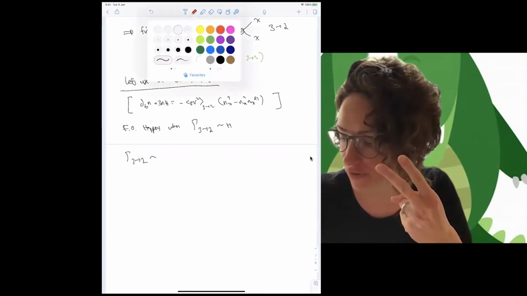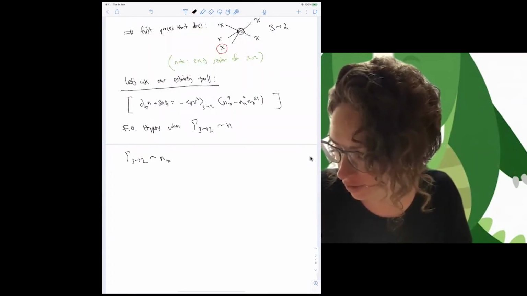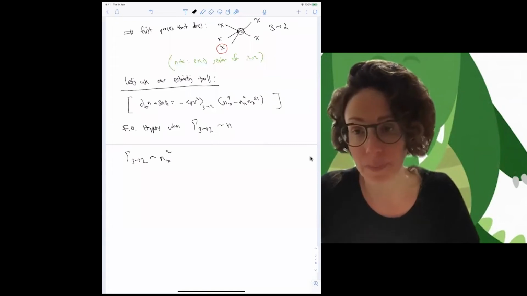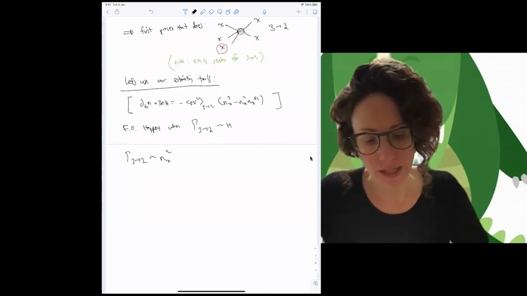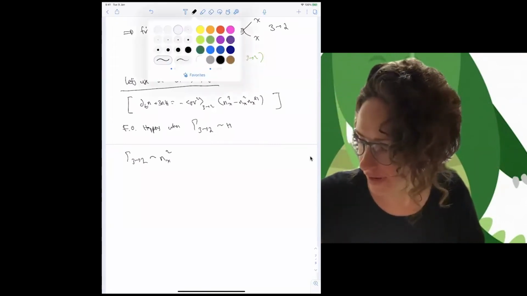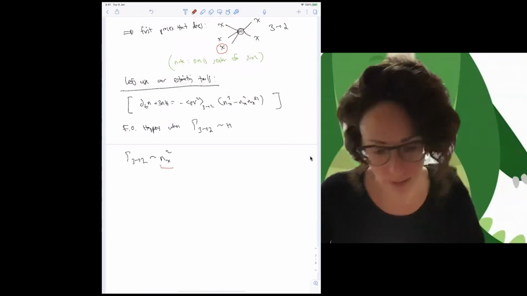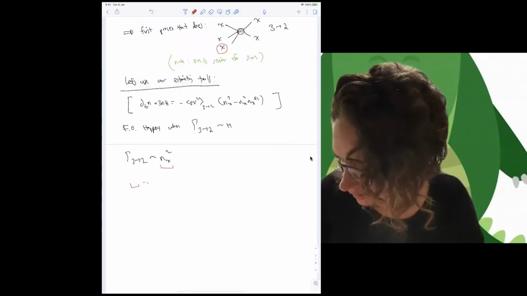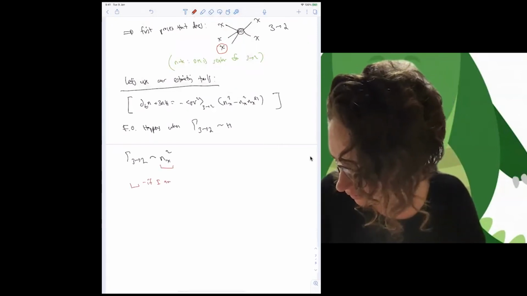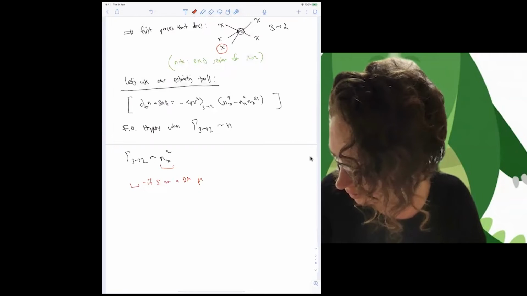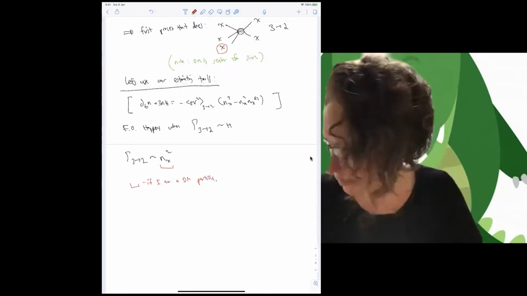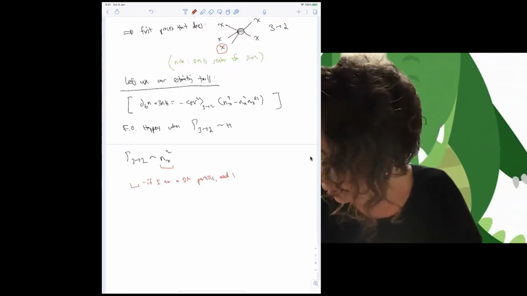So what I'm going to have as my first factor is going to be number density of dark matter squared. Okay. So this is that first factor. Okay. So this one over here is coming from the fact that if I am a dark matter particle, I have to meet two. Need to meet two.